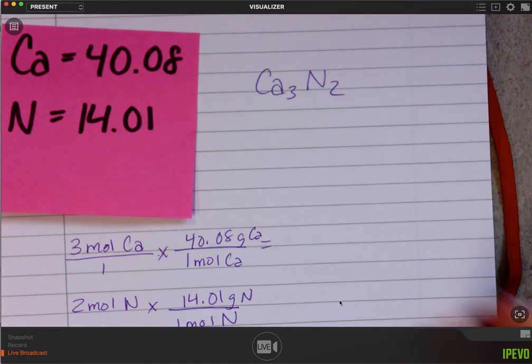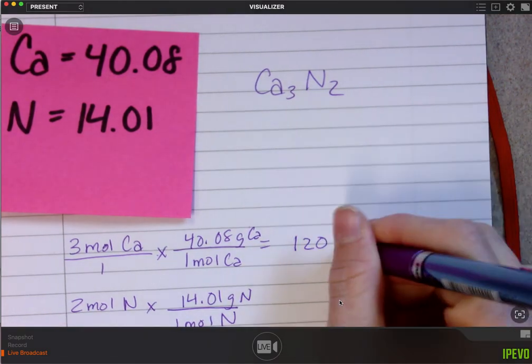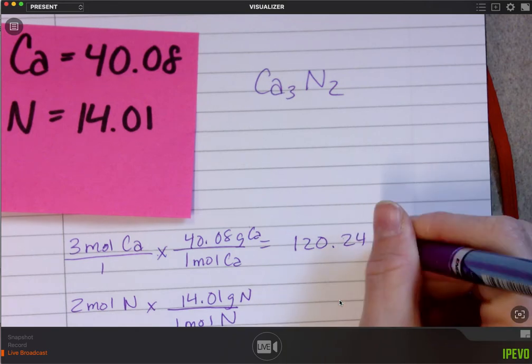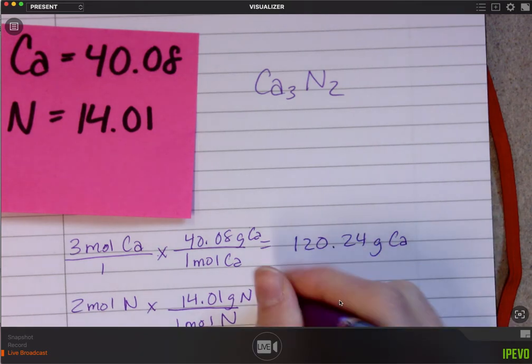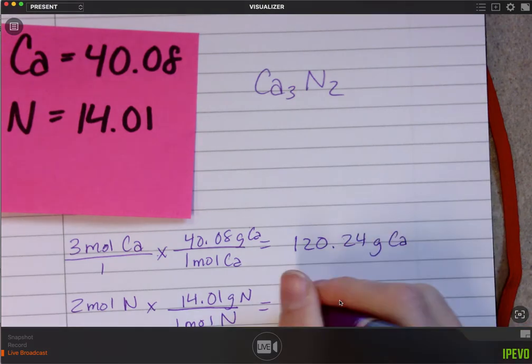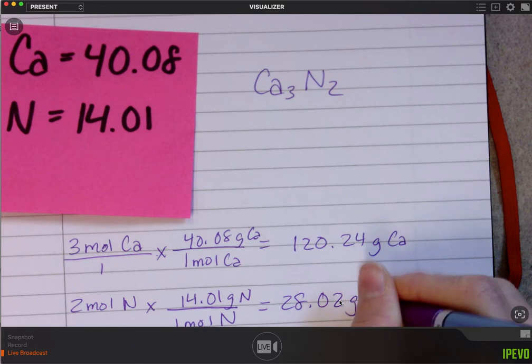So 3 times 40.08 is 120.24 grams of calcium. 2 times 14.01 is 28.02 grams of nitrogen.